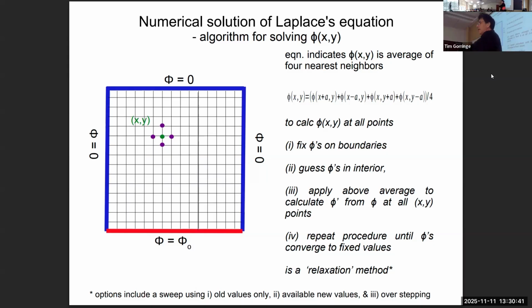There are various styles of relaxation, different ways of relaxing into the solution. The one that we're going to do is that we'll update the new potential in this region in a given trial based on just the values from the old.